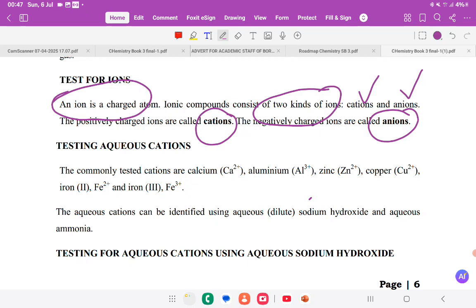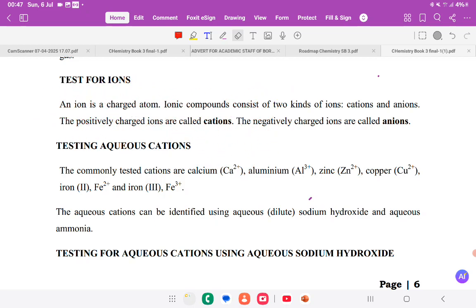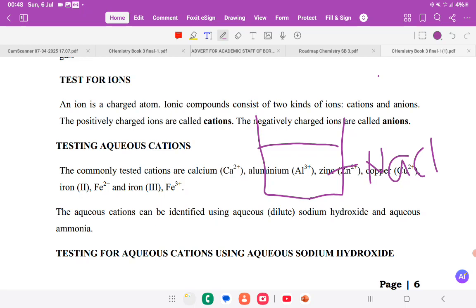The words cation and anion originate from the fact that when you break down an ionic compound using electricity in a process called electrolysis, let's suppose that we have a solution such as sodium chloride, which is salt, and then you pass electricity into the solution.